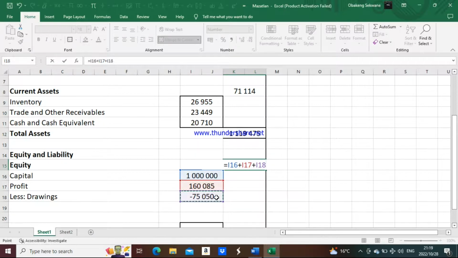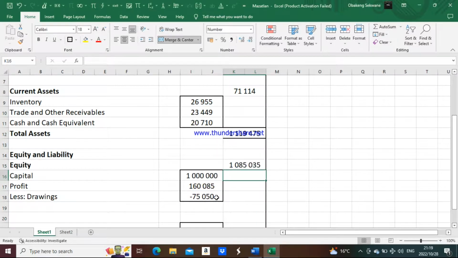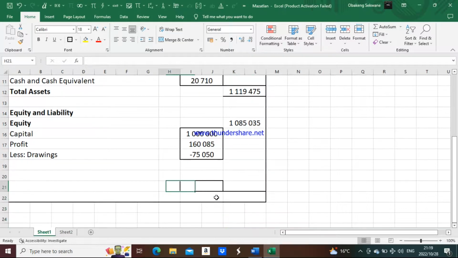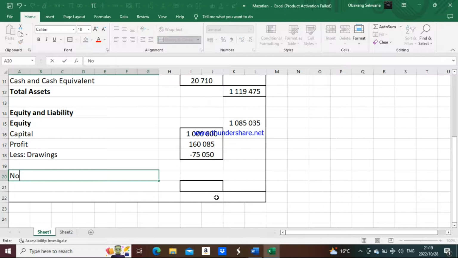So if we add a plus here, this plus is going to be multiplied with a negative, and it's going to give us a negative, still a negative 75,050, which will be subtracted from these two amounts here, and then it gives us a total of 1,085,035 rand.